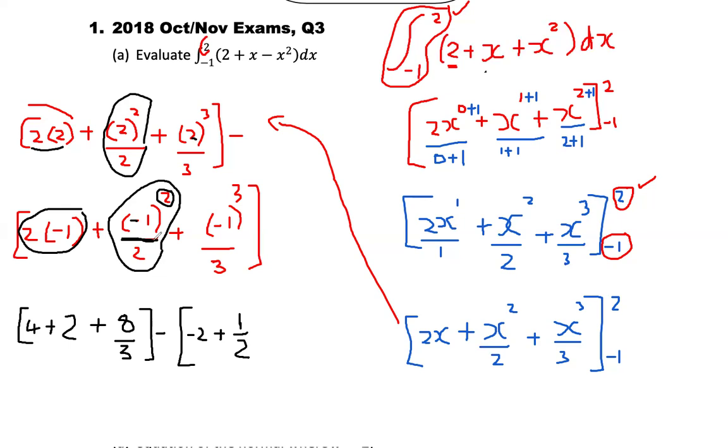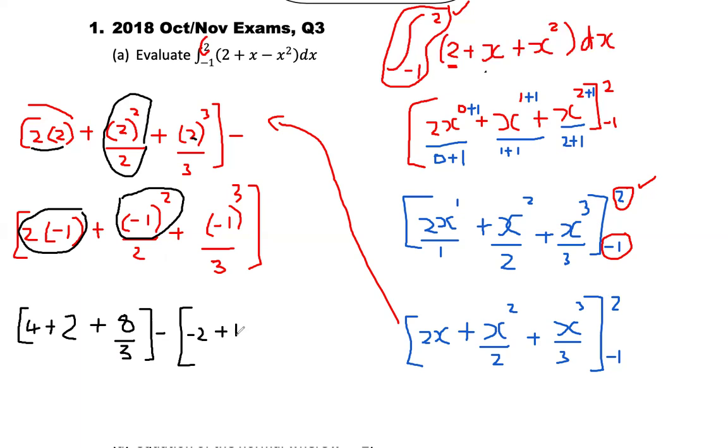Yes. So here, Mercy, let me go back. We have this thing which is squared. Negative 1 times negative 1, what do we have? Positive 1.